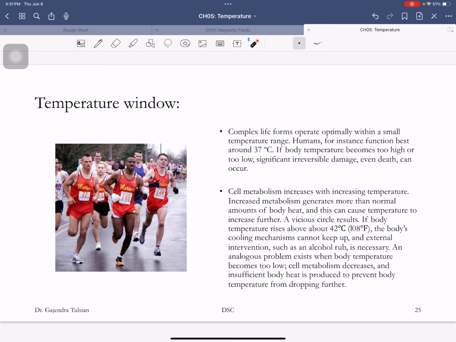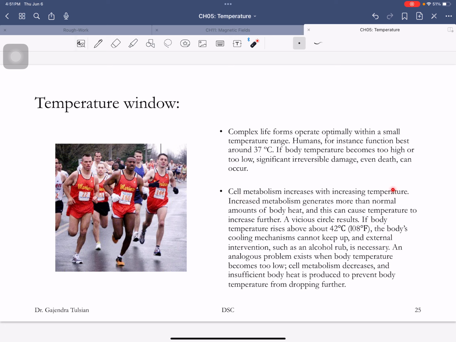Okay, so we are warm-blooded animals and we maintain a temperature of 37 degrees Celsius. Now, here's the problem. If body temperature becomes too high or too low, you can cause irreversible damage and even death. So here's what happens. Cell metabolism increases with increasing temperature.